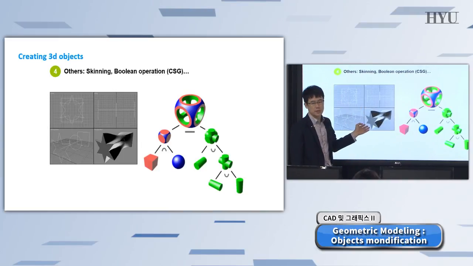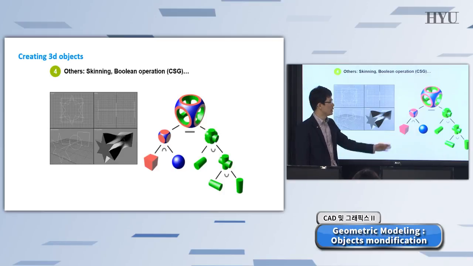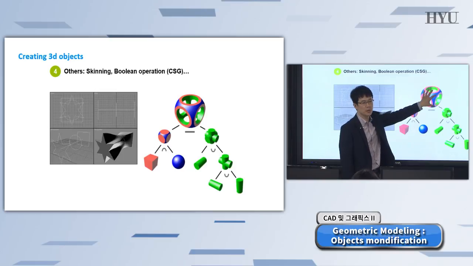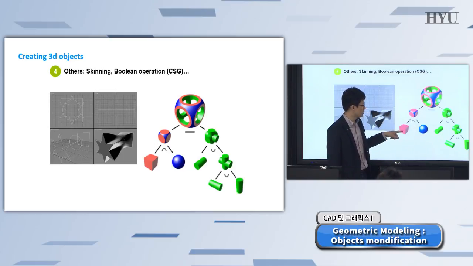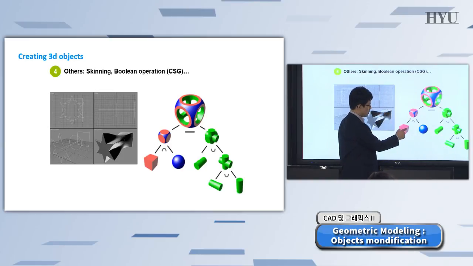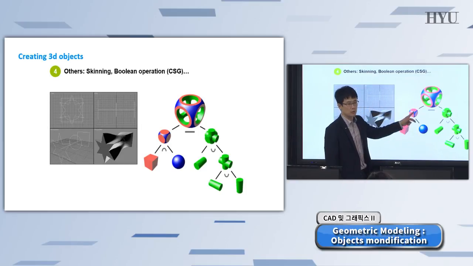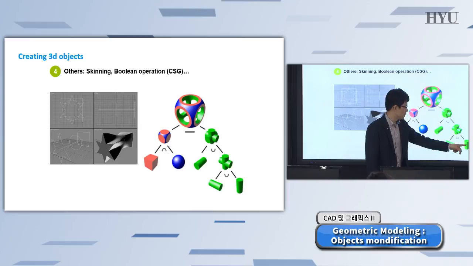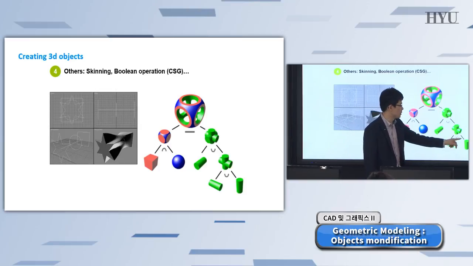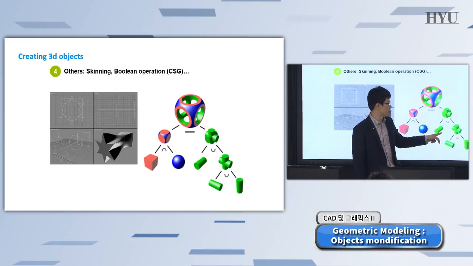Actually, 3D Max, SketchUp, AutoCAD, they are all surface-based 3D. But in solid geometry, you can easily create this kind of complicated shape using operations from primitives. This box union sphere generates this one, okay? And 3 unions, this is intersection, and this is union for 3 cylinders.